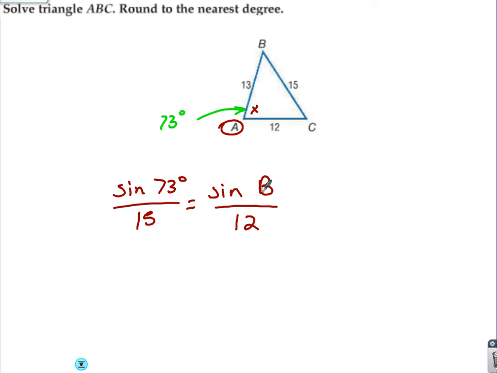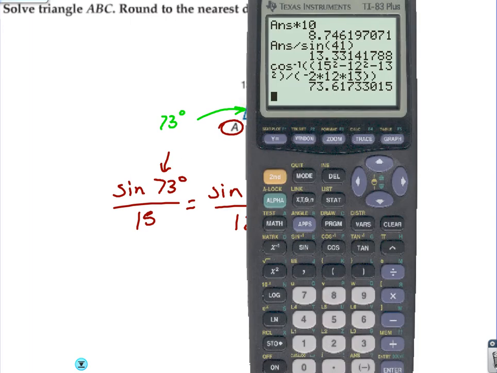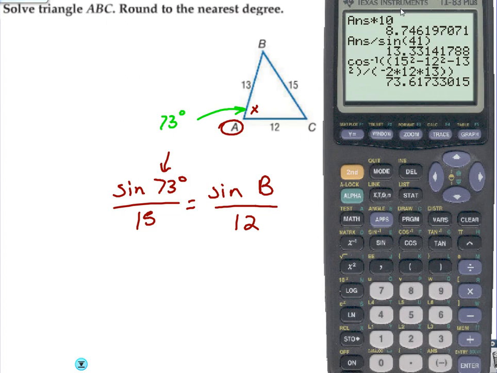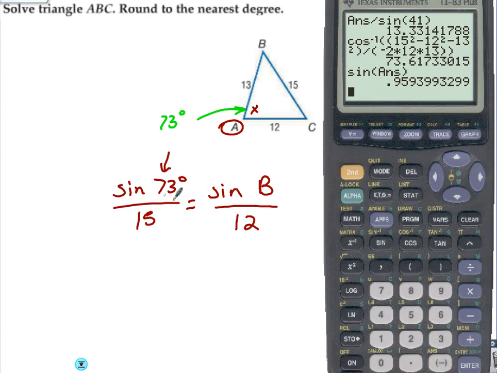As you're typing this in, let me throw this out there though. You're building a bridge, right? This is not exact. Unless you use this on your calculator. So my suggestion is, if you've got a calculator to where you can do this, the sine of the answer. That way you're doing the sine of this whole thing and not the sine of 73. The sine of your answer times 12.